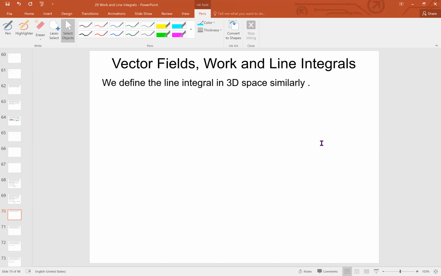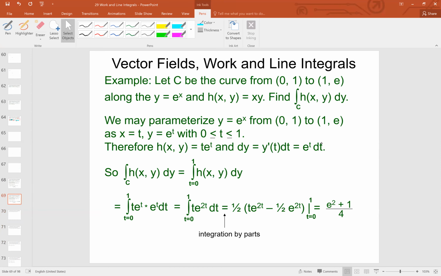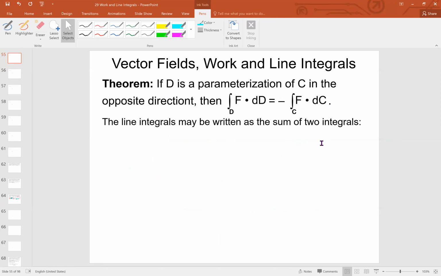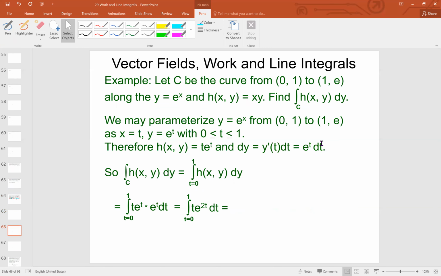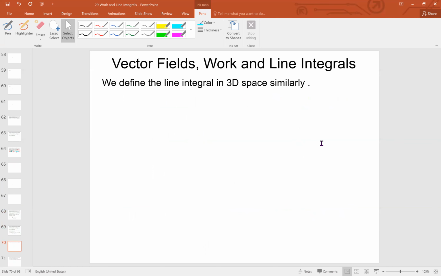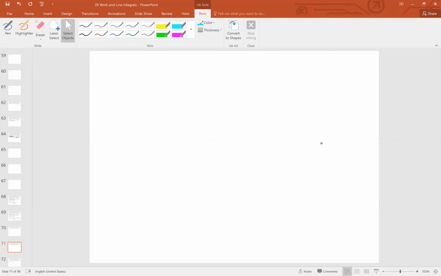Okay, and if you got that idea, then these are for vector fields in two-dimensional space over a path in two-dimensional space, so these are examples in 2D. And in 3D, everything is exactly the same, except you have a z component.